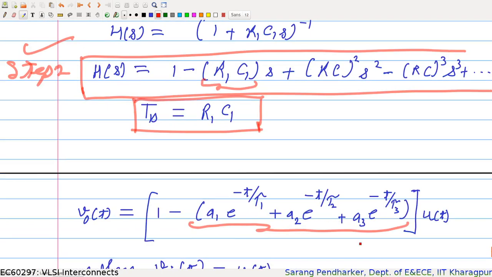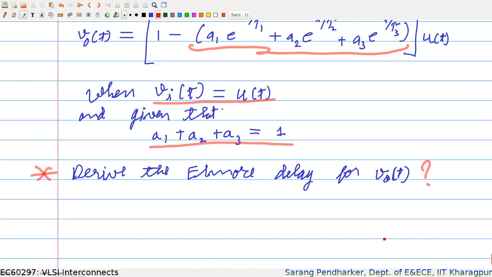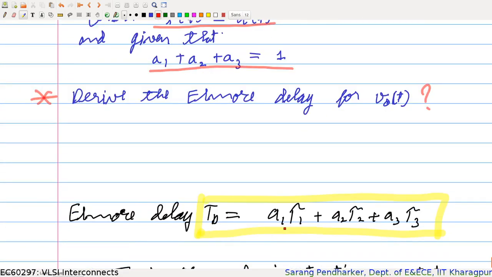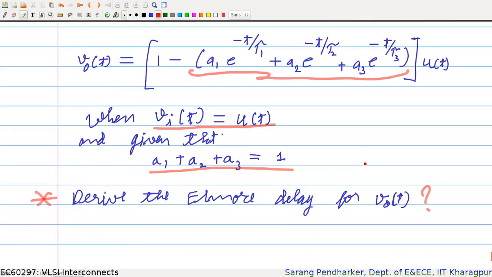Similarly with other terms, when there are multiple terms, your delay would be sort of a weighted average of these. So your delay would be dominated by the term which has the highest coefficient in your summation of those exponentials, right?